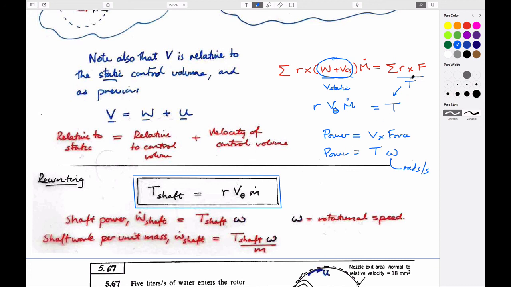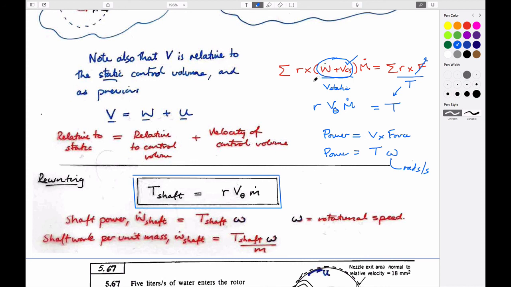If we hold it with a torque so it's static, then by definition we have a zero velocity of the control surface, and knowing what this is, we can calculate what the torque is that we have to apply. For the opposite behavior, where we have zero force restraining it, we can calculate what the velocity of the control surface is if we know what the fluid velocity is out of the system.